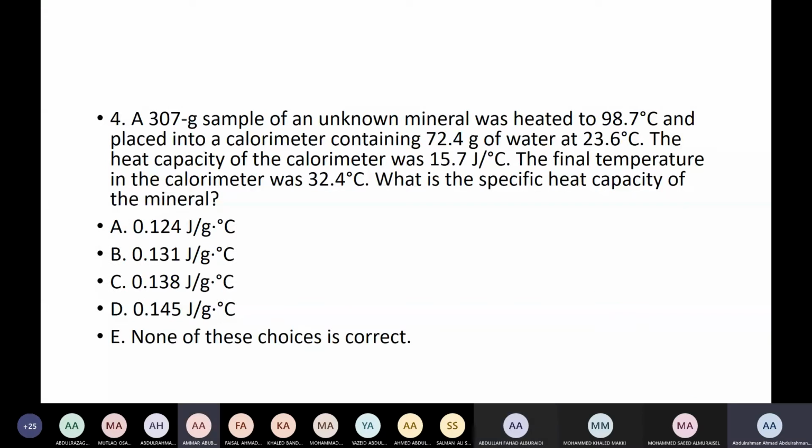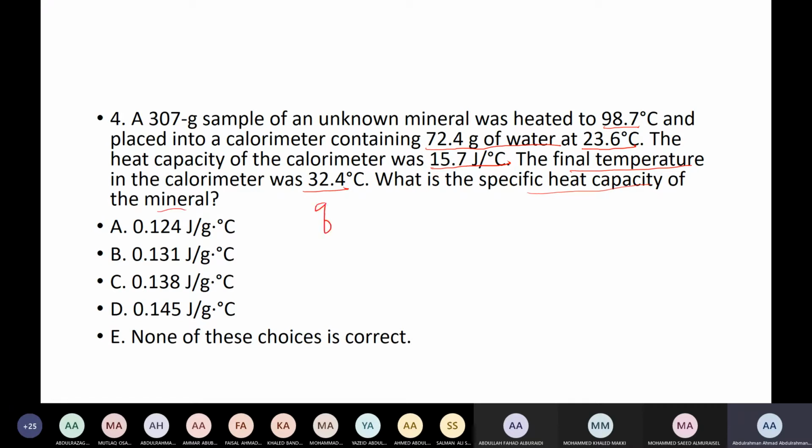A 307 gram mineral was heated to 98.7 and placed in a calorimeter containing 72.4 gram of water at 23.6 C. The heat capacity of the calorimeter is 15.7 joule per degree. The final temperature is 32.4. What is the specific heat capacity of the mineral?